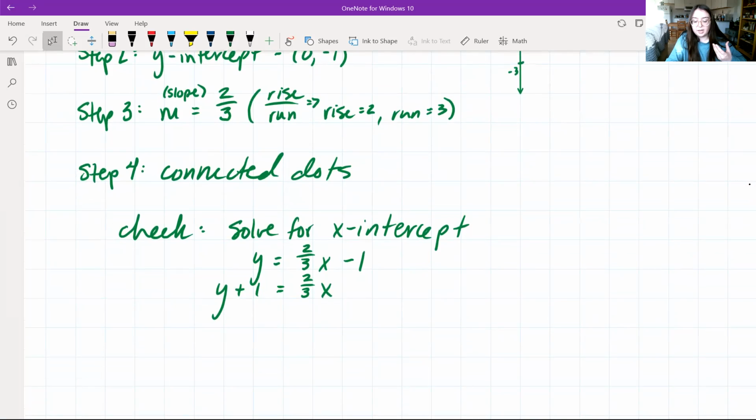Then we can multiply each side by 3, so we get 3 times (y plus 1) is equal to 2x, since we've multiplied by 3 and canceled the 3 in our denominator. We can distribute our 3 to get 3y plus 3 is equal to 2x. And now we divide each side by 2.